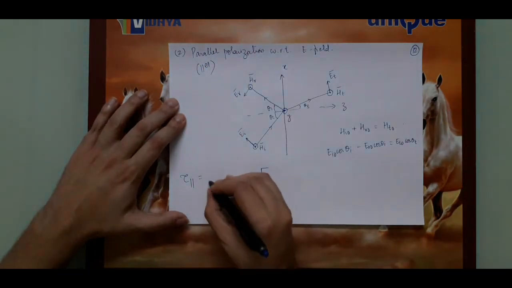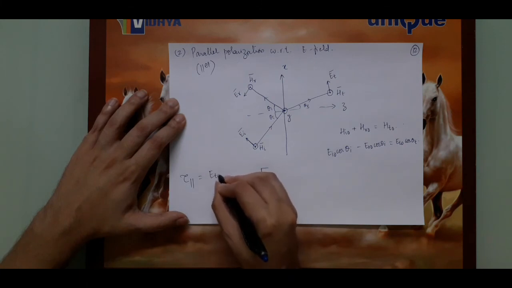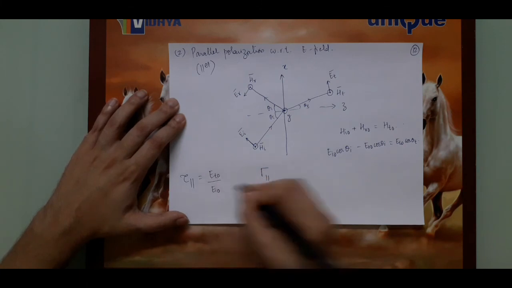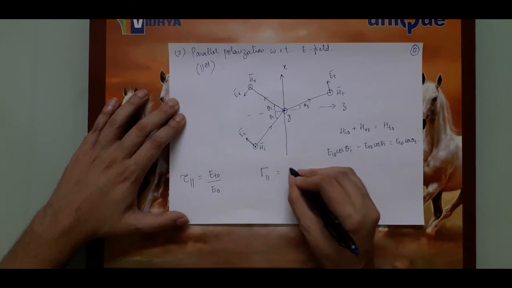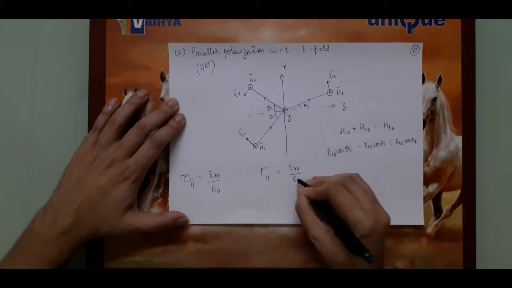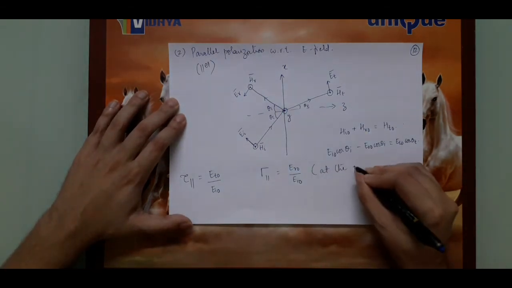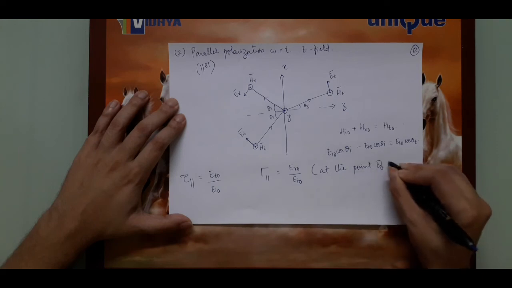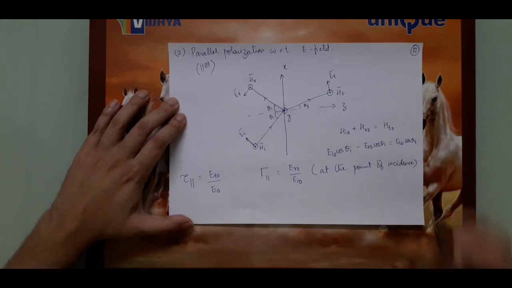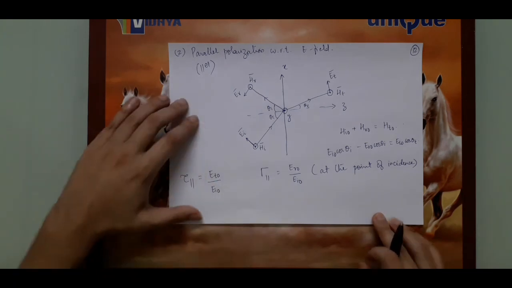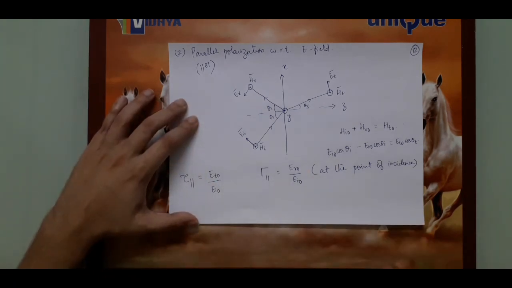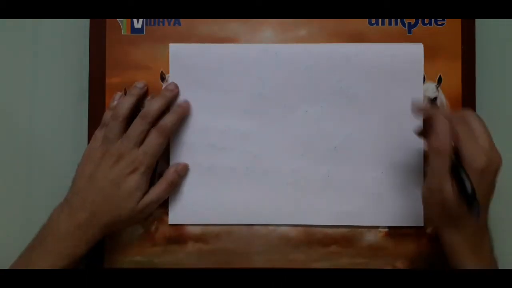Again we can say tau is ET0 by EI0 and gamma becomes ER0 by EI0 at the point of incidence. So from these you will get two equations. I will directly write them for you and leave the details to you as an exercise.